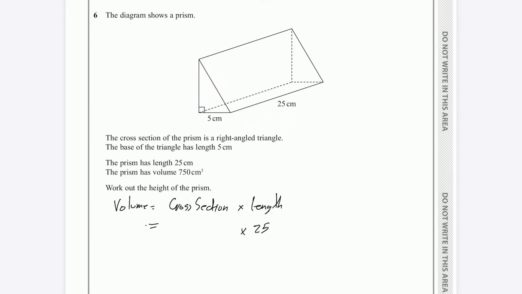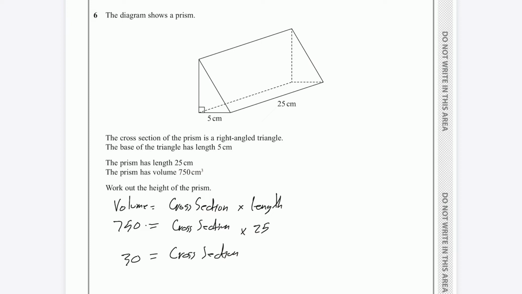We don't know what the cross-section is, but we do know that it's this shape over here. So for now I'm just going to leave it as cross-section. And we know the volume is 750, so we can divide each side by 25. That gives us 30 is equal to the cross-section.